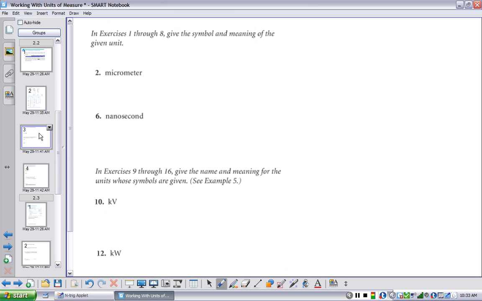So micrometer, we have that Greek letter mu, and meter is m. And this is equivalent to 0.000001. Okay?